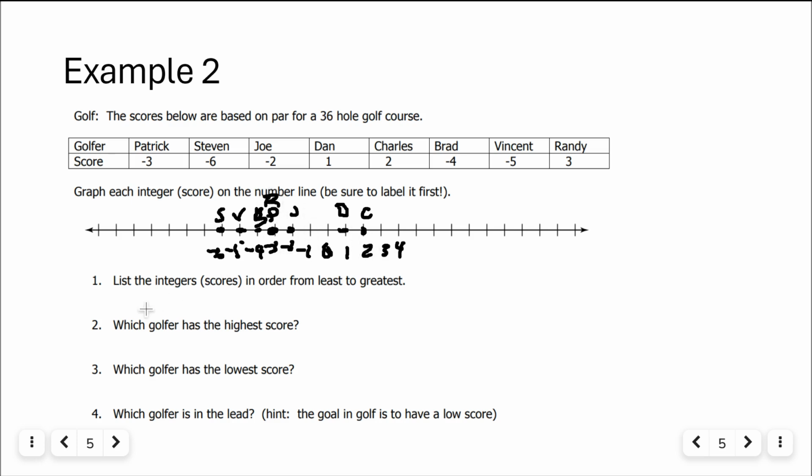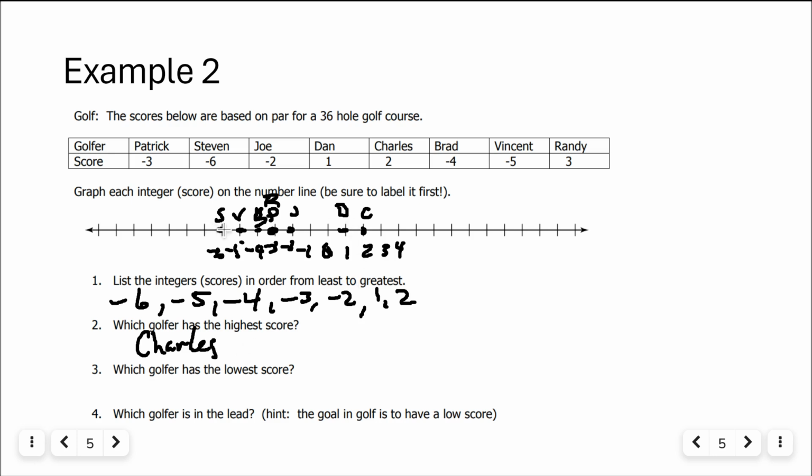All right, list these integers or the scores in order from smallest to largest. So the smallest number up here is -6, right? So -6, then -5, -4, -3, -2, then 1, then 2. Which golfer has the highest score? Okay, so the highest score is Charles.